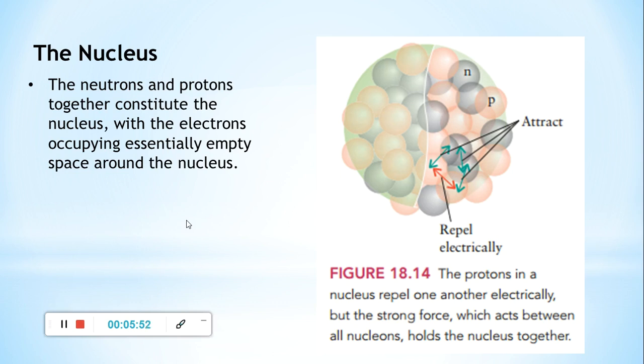Since protons have positive charges, we expect them to repel each other. But the strong force that holds the protons and neutrons together in a nucleus is powerful enough to overcome the electrostatic repulsion between the protons, but it can act over only a very short distance.